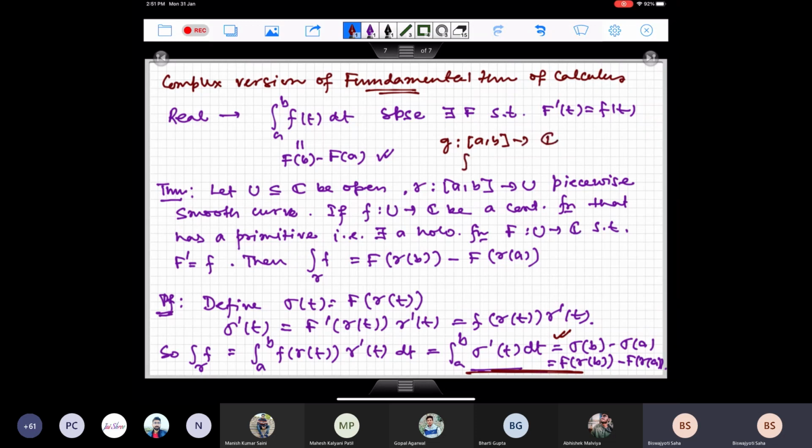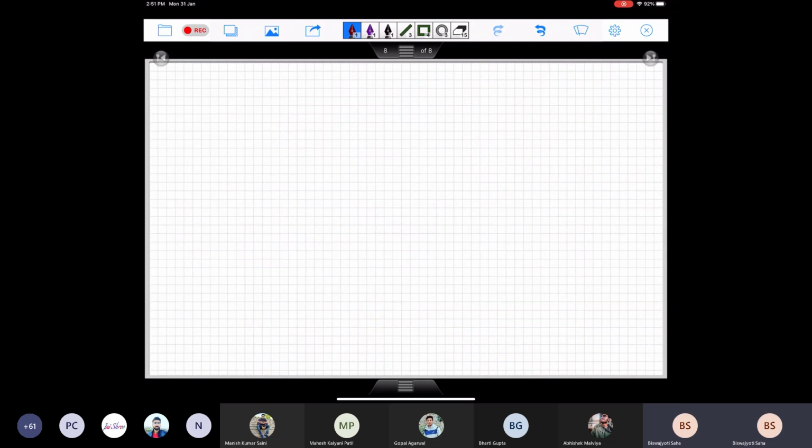There also you will be able to see that the integral of g(t) dt is equal to capital G(b) minus capital G(a), where G is such that G prime of t is little g. Okay, so if I have such a function, you can nevertheless do it by just separating real part and imaginary part.